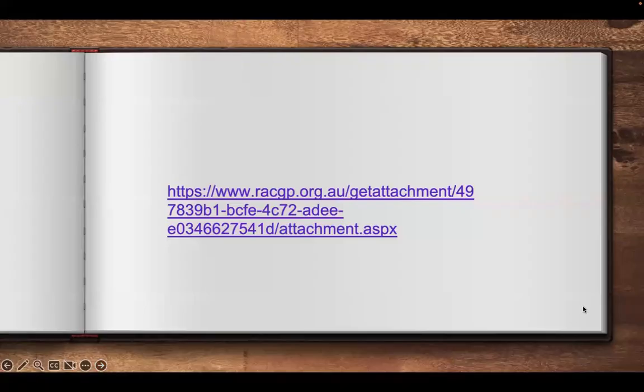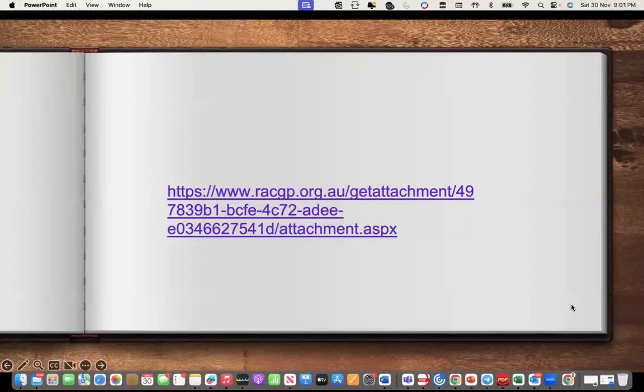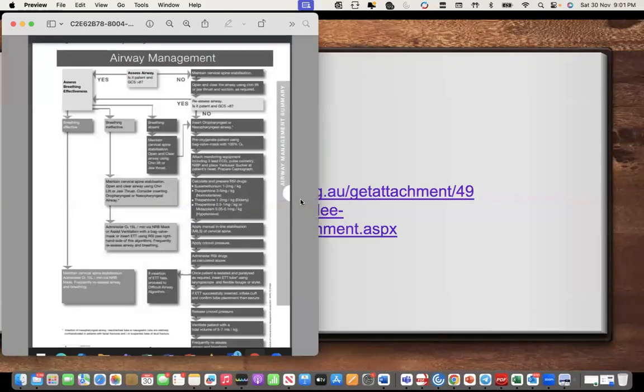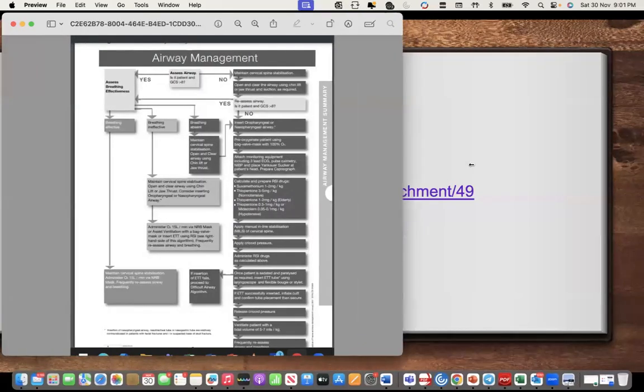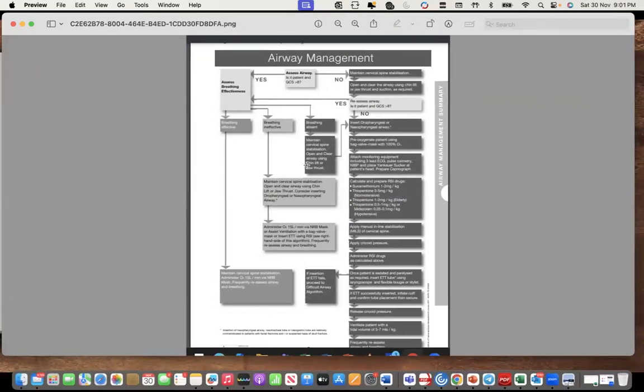Going back to what Dr. Asfa has shared, just have a look. Okay, so this is here, airway management: assess the breathing effectiveness. Breathing is effective or ineffective. So the patient comes here.